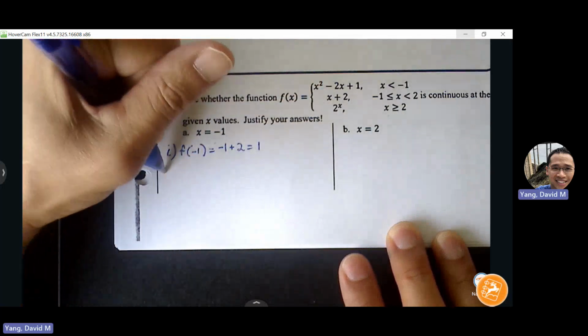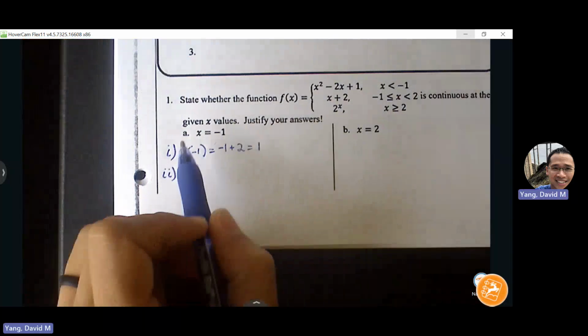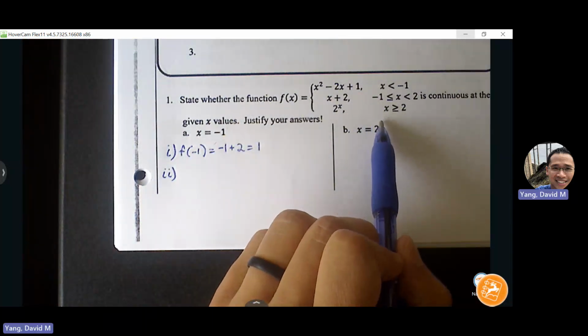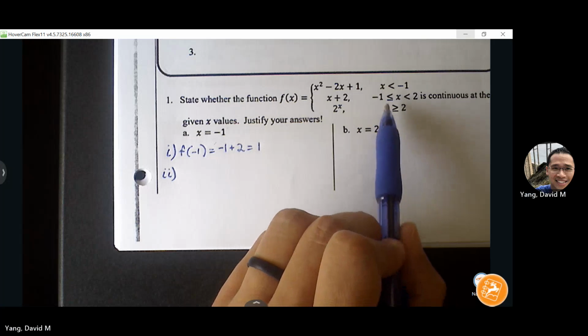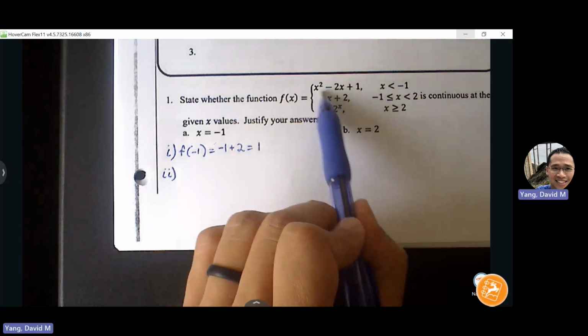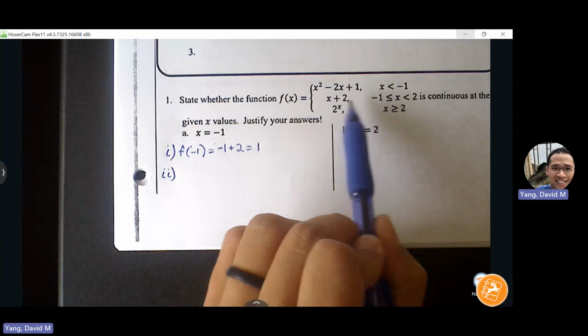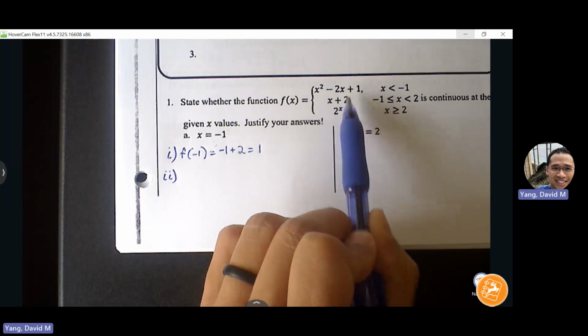Keep going. Second condition: does the full limit exist at -1? Now, is there just one function I can plug into to evaluate the limit here? Notice that I have different graphs on either side of -1. So -1 is the endpoint of 2 different graphs. If that's the case, I need 2 separate limit statements, one one-sided limit for each.